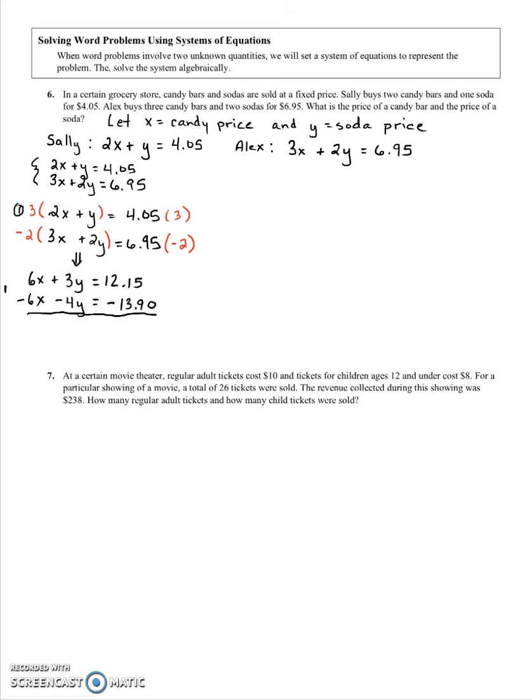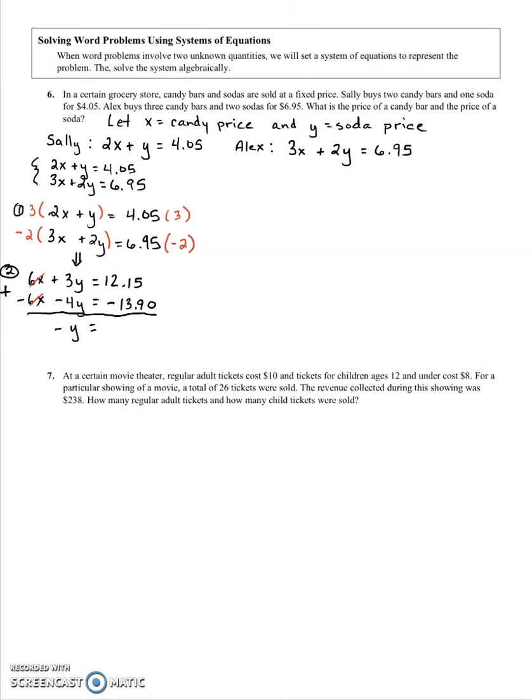And now I'm going to add these two together. So there's my step 2. When we add the two equations together, the 6x minus 6x goes away because that's 0. Negative 3 minus 4 is a negative y.